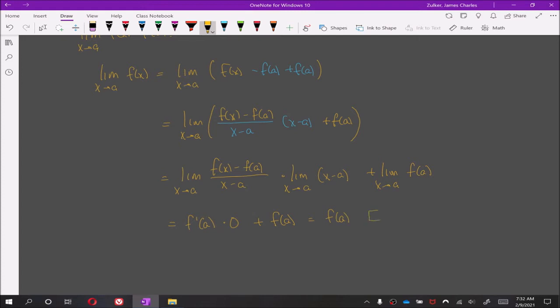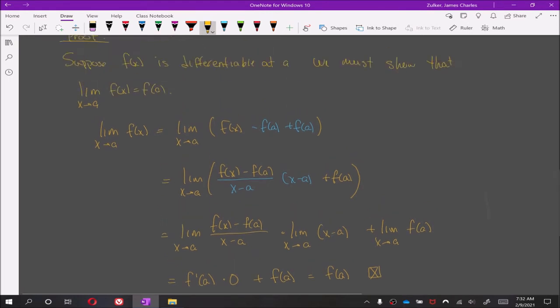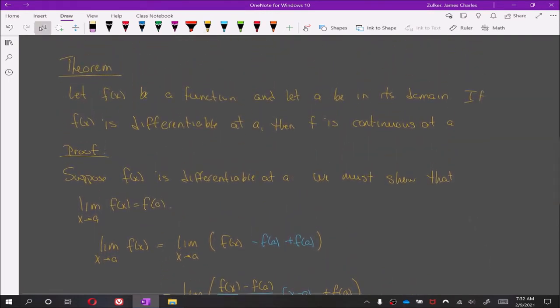That is what we set out to show, and so the proof is complete. So differentiability implies continuity. Is the converse true? That is, if a function is continuous at a, is it automatically differentiable at a? Well, in 3 of the examples at the end of this video, we are going to explore this idea.